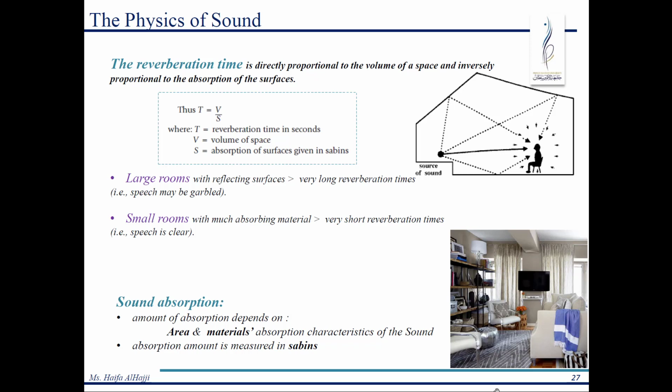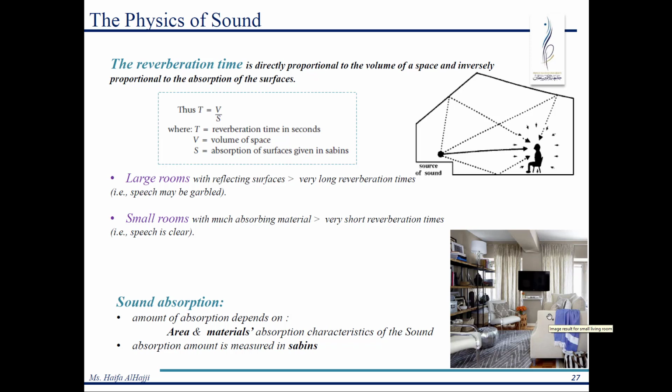Then they do the same for this carpet. They take the area and multiply it by the coefficient. They do this for all the surfaces in the space, then they sum them up. As we can see in here, this is the absorption of surfaces given in sabins. This is the summation of all the absorption in the space.